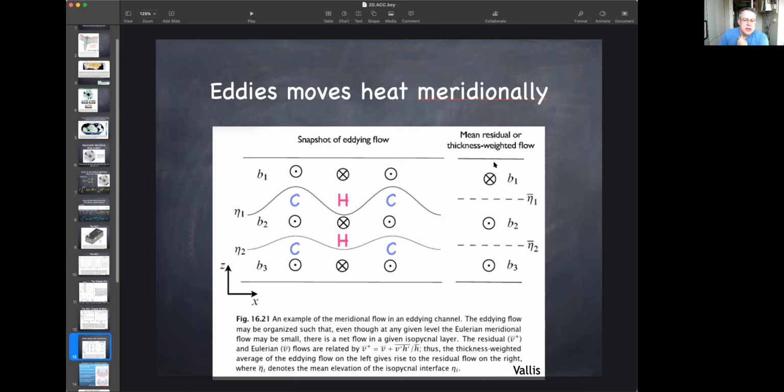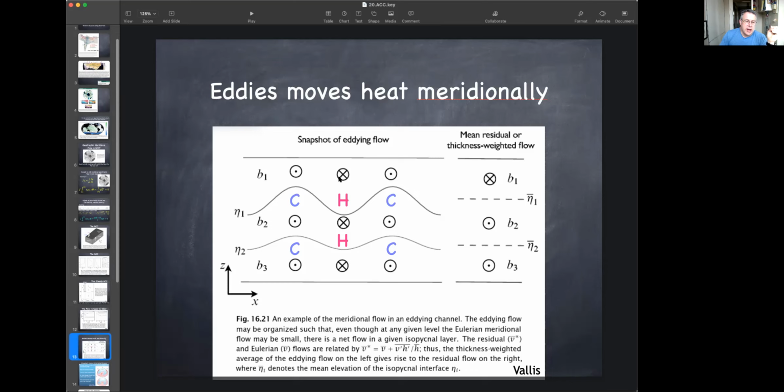in the thickness weighted. So this thickness weighting gives us a different sense of what's going on than if we just average in the horizontal, which would actually give us no transport north or south. That's what we did when we did the pure zonal mean, not a thickness weighted zonal mean.